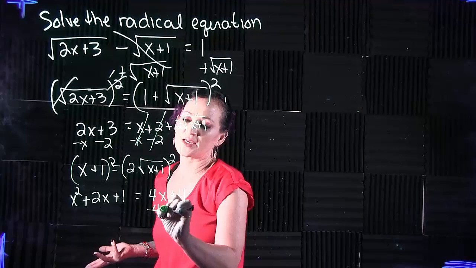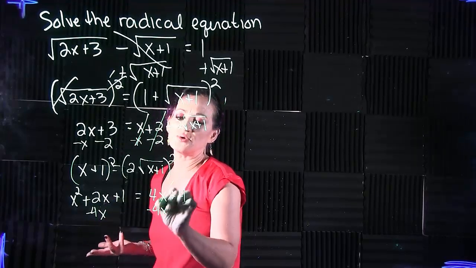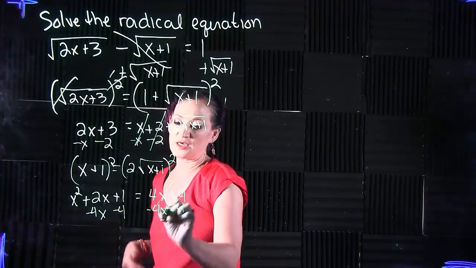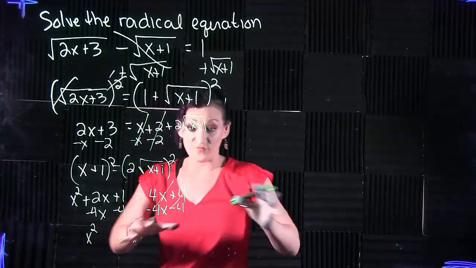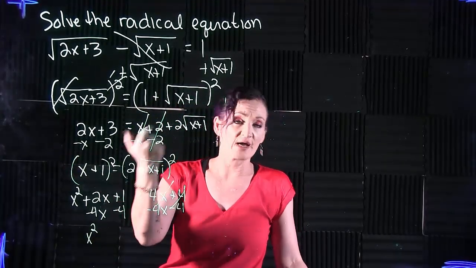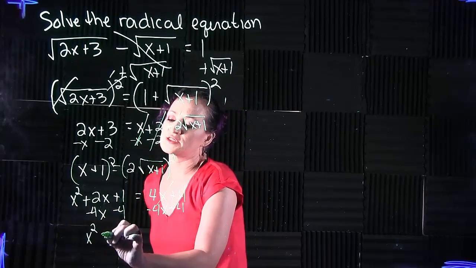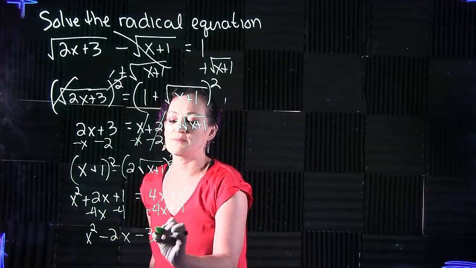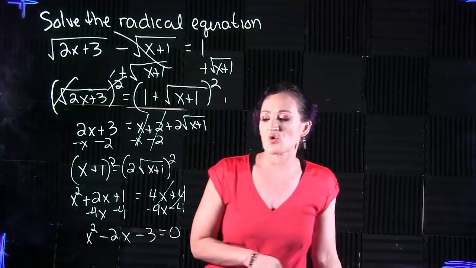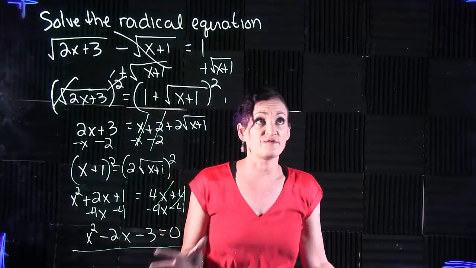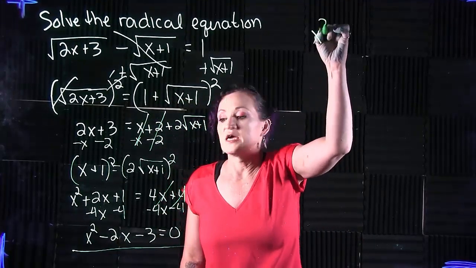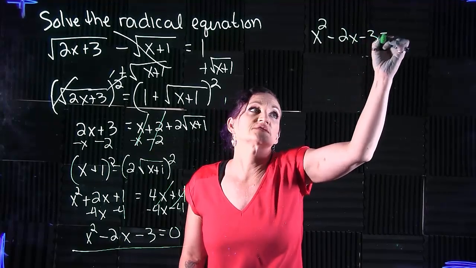Anytime I'm left with a quadratic equation, first thing I'm going to do, get everything over to one side so that it's in proper quadratic form first off. All right, so subtract the 4x, subtract the 4 to get x squared minus 2x minus 3. This is the quadratic equation that I need to finish solving here to get my solution for this problem.